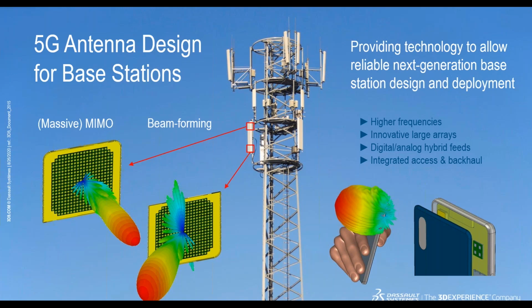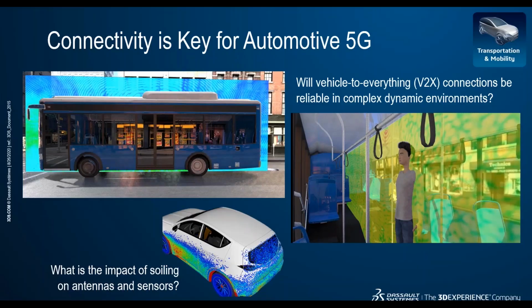So you can see that there's 2 skills to this. It's to build the massive antennas that allow you to communicate in a massive way, and then to build the antennas and the systems that allow you to communicate to those massive arrays. And when we talk about automotive, we see a lot of capabilities.